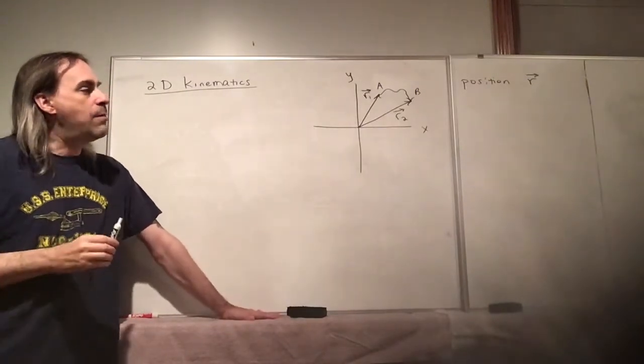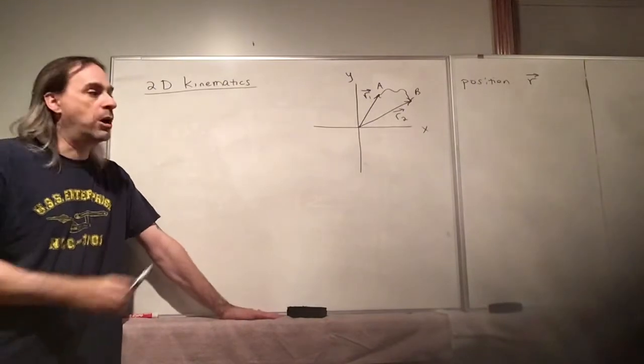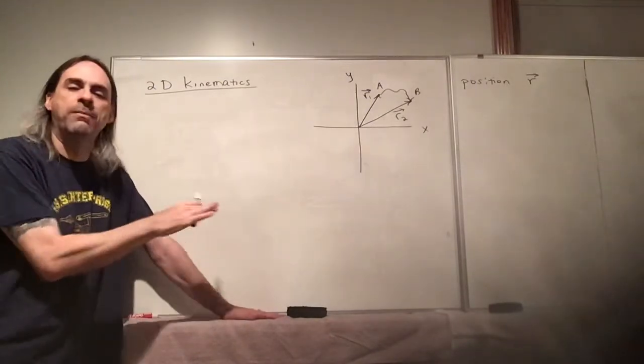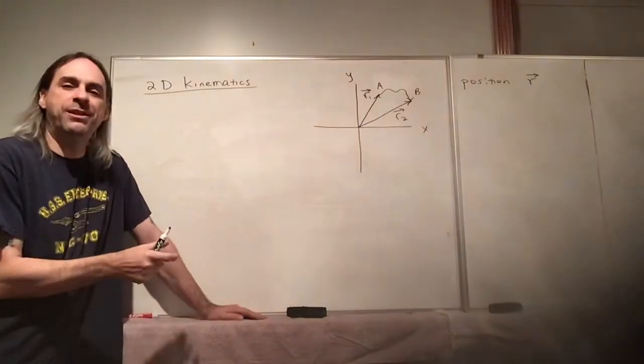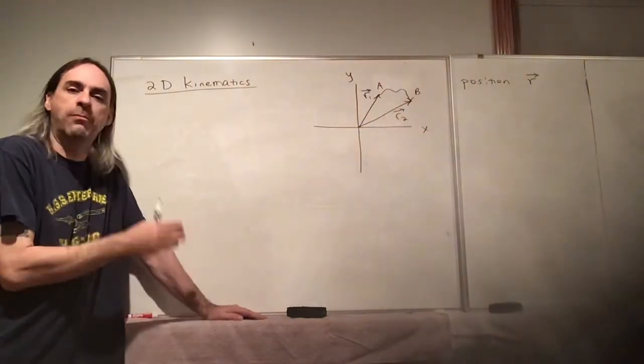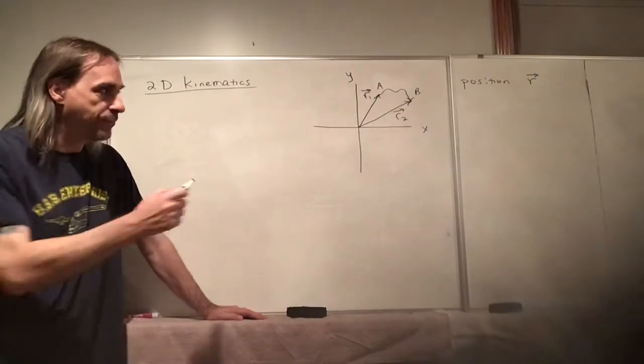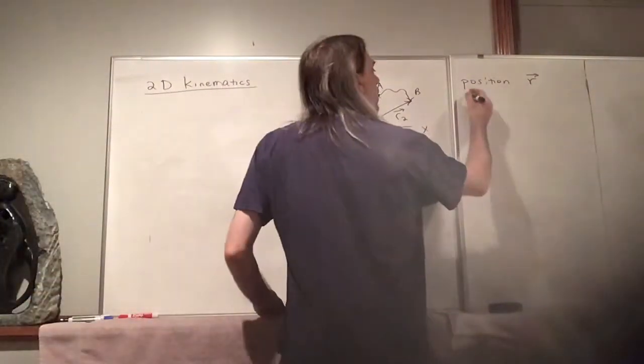And then we want to define displacement, where in 1 dimension, we said delta x. The displacement is just the final location minus the initial location. So we're going to do the same here.